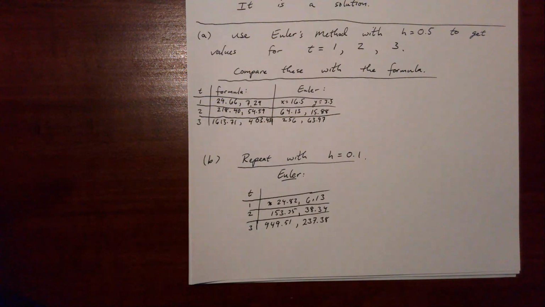And with h equals 0.1, they're definitely a lot closer, but still the errors start to pile up. This will generally be the case, but if we were to do Runge-Kutta, the solutions are quite close indeed. It's a much more accurate system.